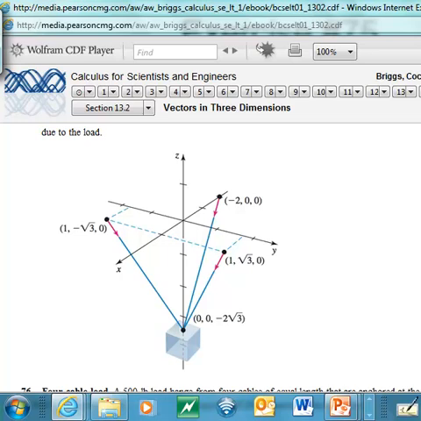Cable anchor point here, here, and here. Notice that the z coordinates for these 3 points is 0, 0, 0. That's why I know that the anchor points are on the XY plane. And the 3 cables are suspending this heavy block of concrete.